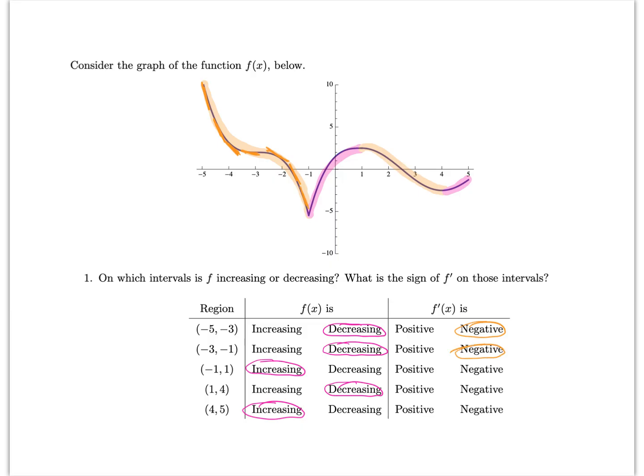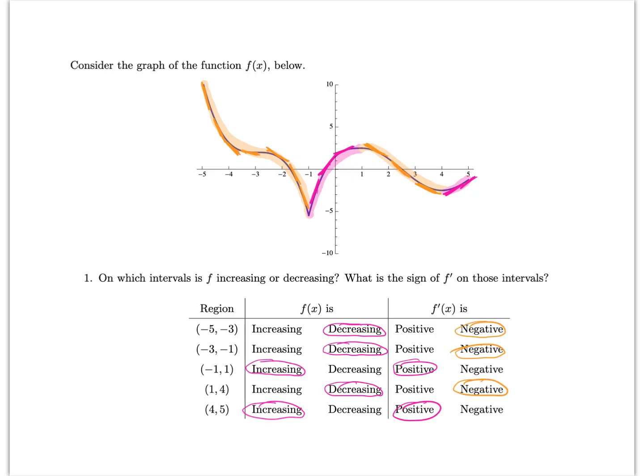And then from -1 to 1, draw in a few little tangent lines, and we can see that those tangent lines all have positive slopes. And then from 1 to 4, if I draw in a few tangent lines and analyze the slope, they are all negative. And then from 4 to 5, draw a tangent line or two, and you see they have positive slope.